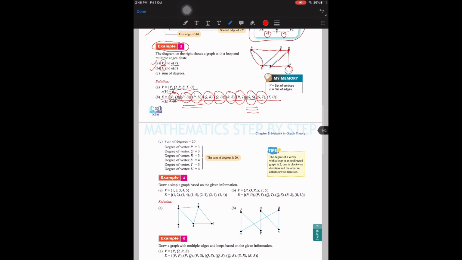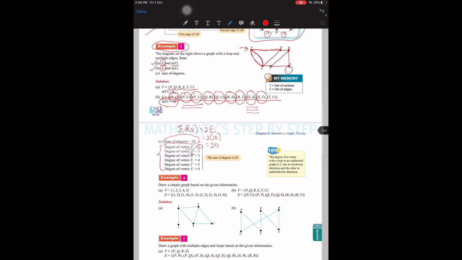Okay, so now sum of degrees. Sum of degree equals to 2e. So now let's see how many edges are there. There are 10 edges. So 2 times 10, this is how we get the answer equals to 20. Okay, so now if you want to list down the degree of each vertex, let's see vertex P. Here is point P. We can see there are 3 lines connecting point P, so the degree equals to 3.